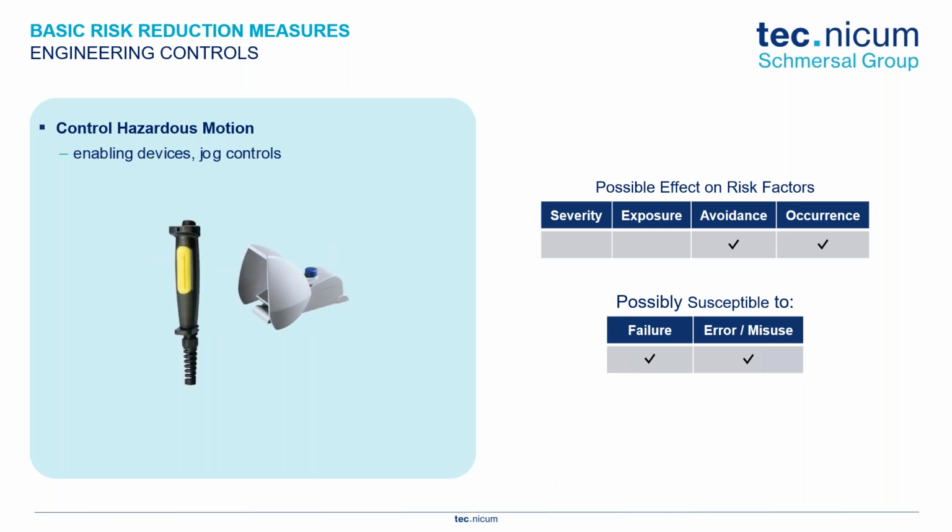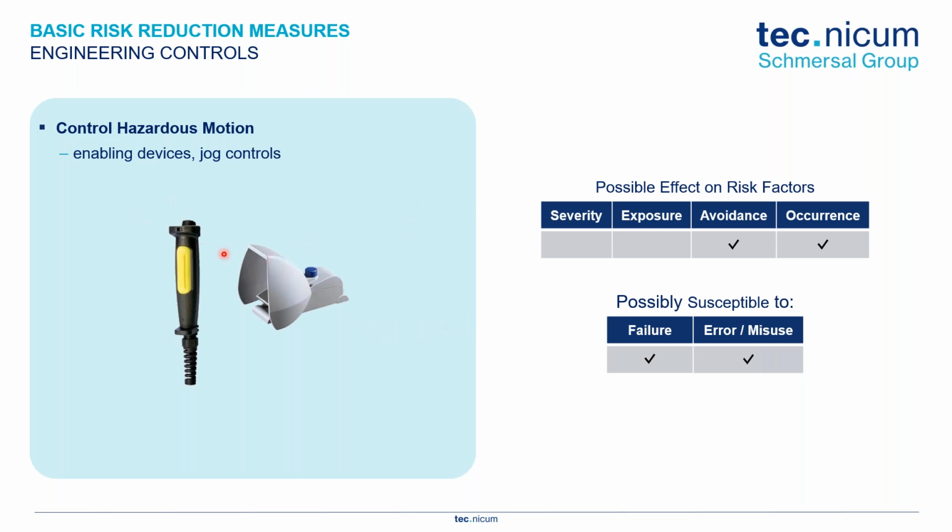Man, that's when you start to get into the conversation for categories and performance levels and SIL ratings, things like that. But from a 10,000 foot view, looking at a safety function, it's prone to possible failures and misuse.